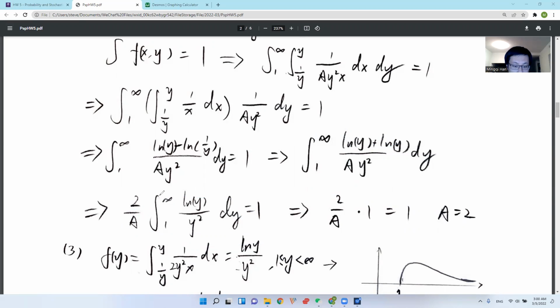The integration of this part is already equal to 1, so 2 over a times 1 equal to 1, we have a equal to 2. That's the value for a.